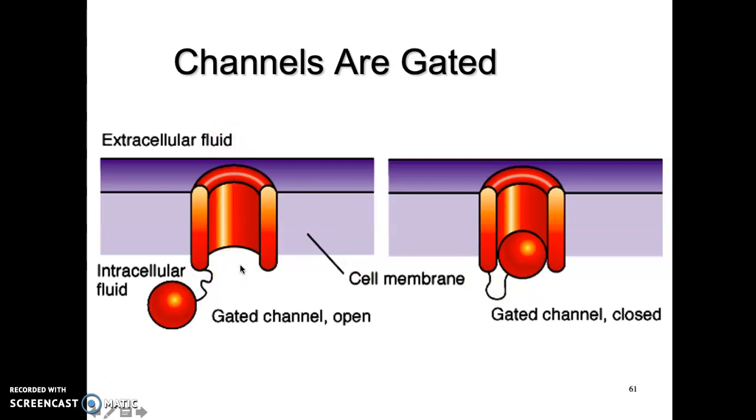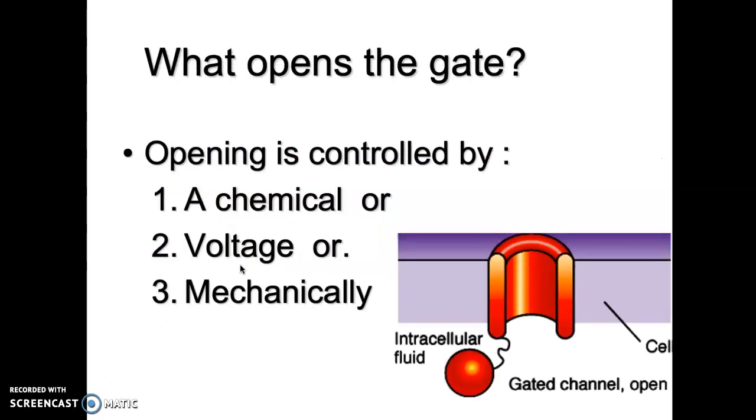Remember, it really is just atoms arranged into molecules that shift in space and close that up or open it up. And they're going to be triggered by chemicals, by voltage, or by pressure. But let's illustrate it like that for better understanding. What opens the gate? I'm saying it again, a chemical, voltage, or something mechanical, something that pushes it open.